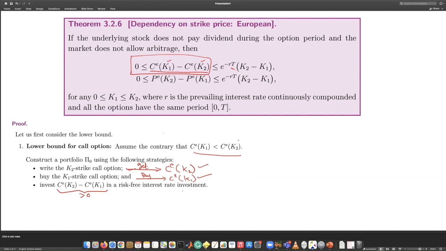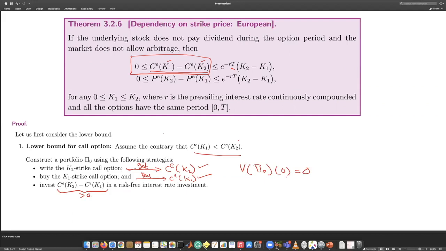And now let us see how this portfolio will perform till capital T and what is the payoff at the time of expiration of these call options. Before that, you can clearly see that the value of Pi_0 at 0 is equal to 0, because you got this money and then you put it in the risk-free investment. Therefore, they get cancelled, as usual, the same idea as whatever we did so far.